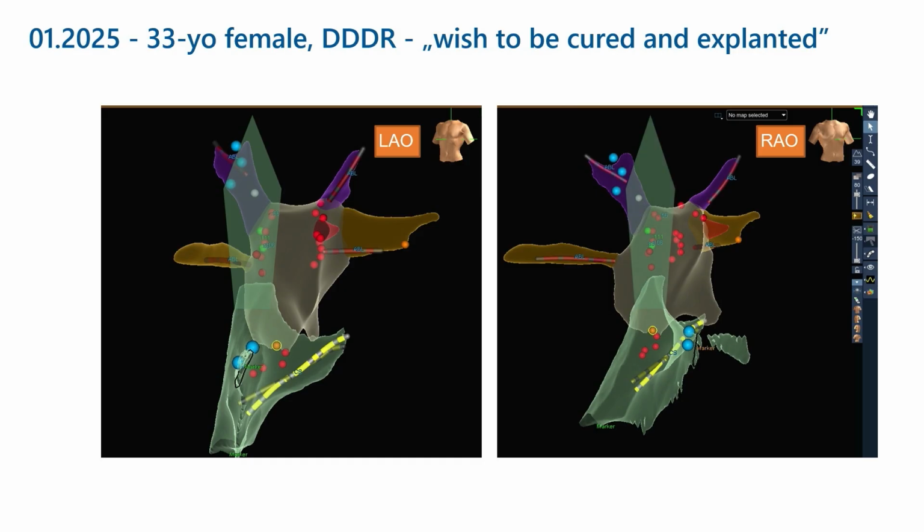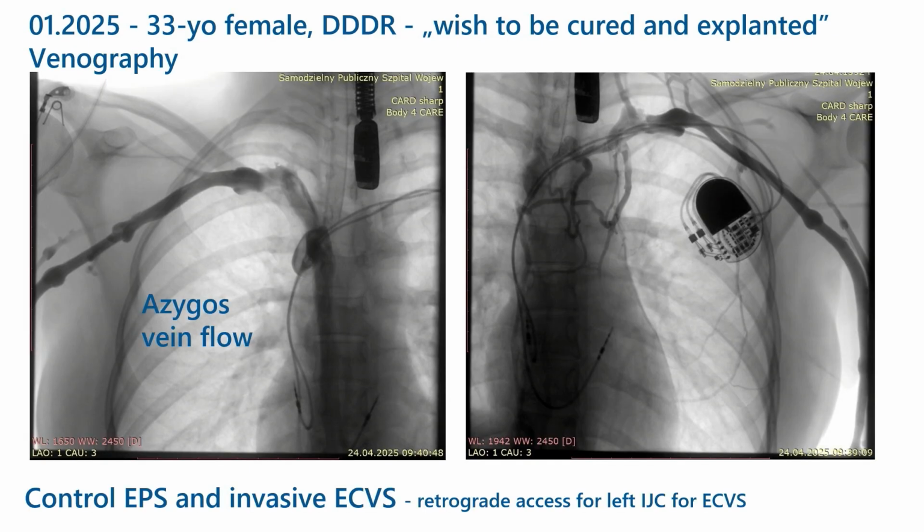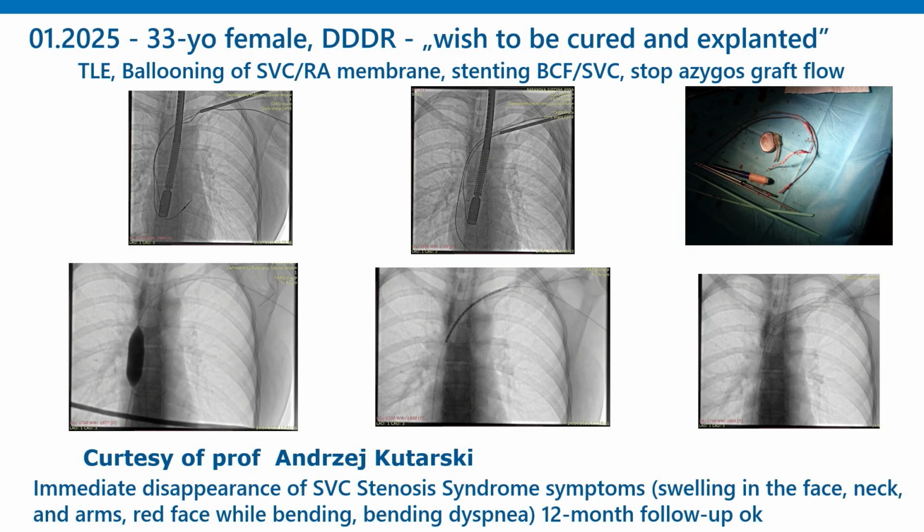And of course we ordered a special team to validate this, and it was the azygos vein. There was a complete interruption between the right atrium and the superior vena cava, and between the superior vena cava and the brachiocephalic vein. You can see the huge bypass graft from the bypass circulation of the contrast, and of course the patient was accepted for TLE with ballooning of the superior vena cava, and azygos vein flow stopped.